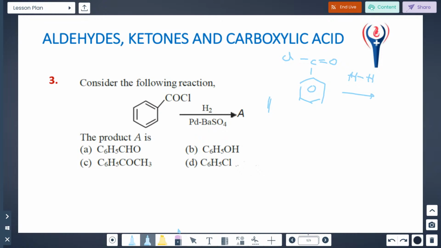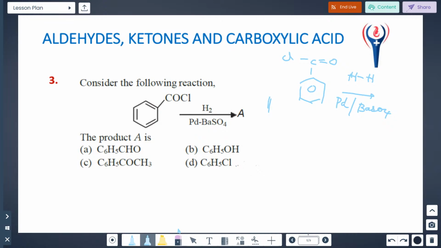When we add palladium and barium sulfate, this is a catalyst, called a catalytic poison. So it stops the reaction at the stage of aldehyde. It will not allow further reduction. That's the purpose for adding barium sulfate, you know that.